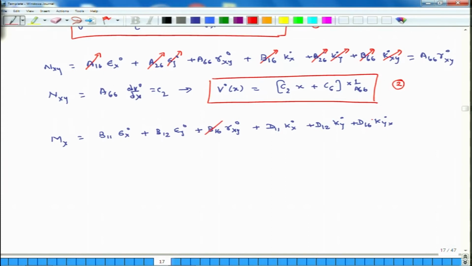B16 is 0, D16 is 0 and ky is 0. So, what I am left with is B11 epsilon x naught plus, oh actually epsilon y is also 0. So, B11 epsilon x plus D11 kx, that is all I am left with.